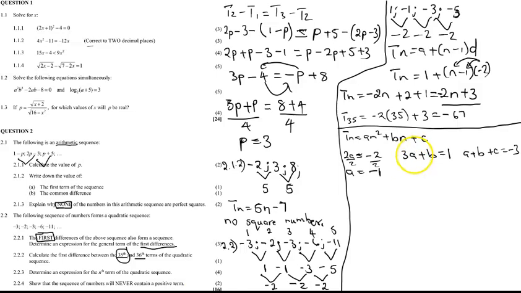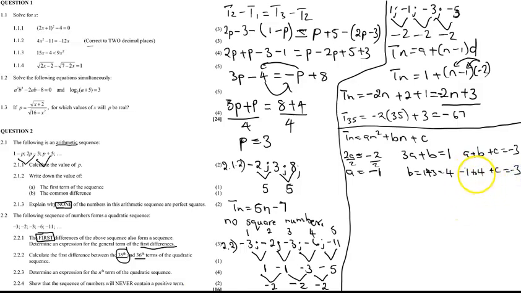And then for this one, substitute a as negative 1 there, and then it's 3 into negative 1, which gives you negative 3. You transpose to the other side, it becomes positive. So b is equal to 1 plus 3, which is 4. Now for the value of c, we just substitute the a, which is negative 1, the b, which is positive 4, and then plus c equals negative 3.